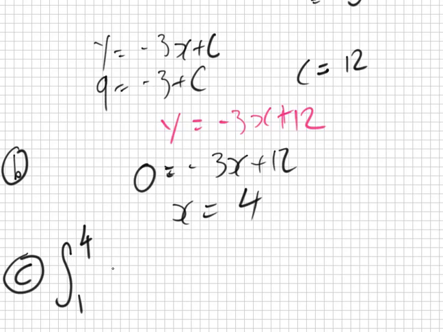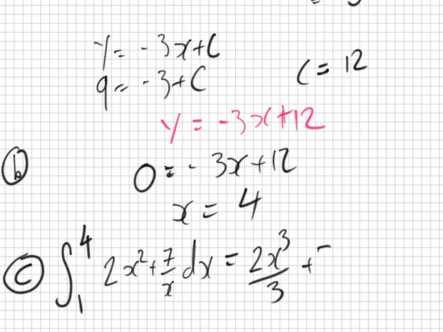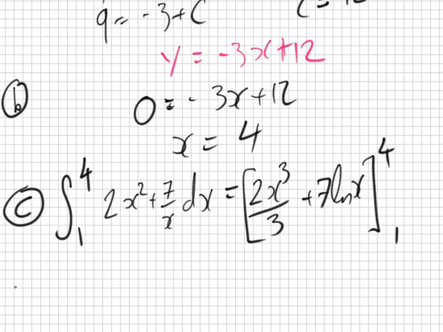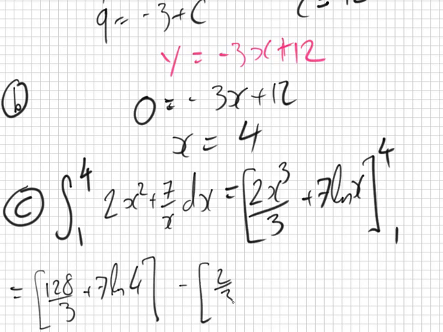So it's the integral from 1 to 4 of 2x squared plus 7 over x dx, which will equal 2x cubed over 3 plus 7 log x, between 4 and 1. So if I put in the 4 cubed is 64 times 2, 128 over 3 plus 7 log 4 minus 2 over 3 plus 0.